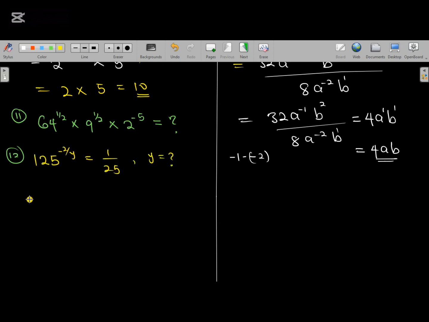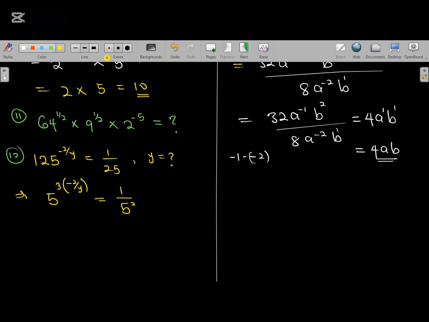Of course, this is a simple one to see. Once it is an equation, remember what I said, try to put both sides in the same base. We can write 25 in base 5, and that will be to the power of 3. That 3 will multiply the existing power, and that will be equal to 1 all over 5 to the power of 2.